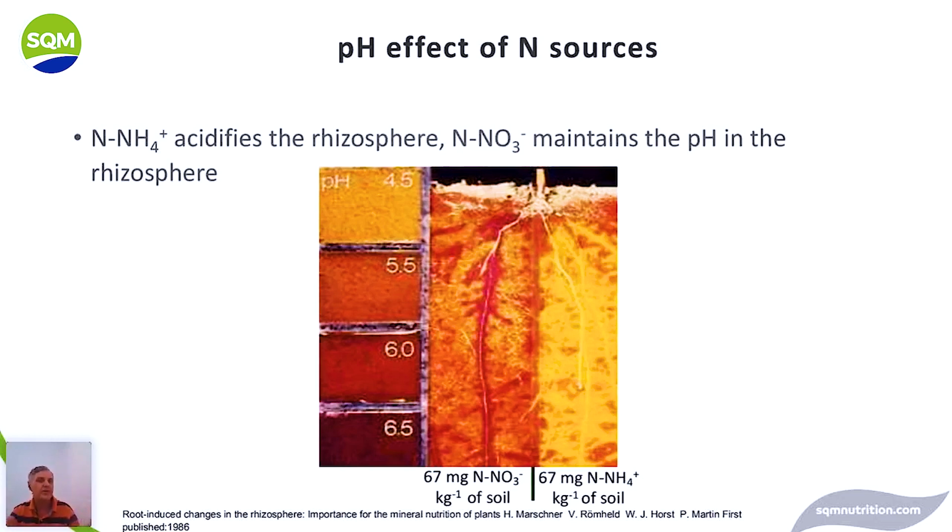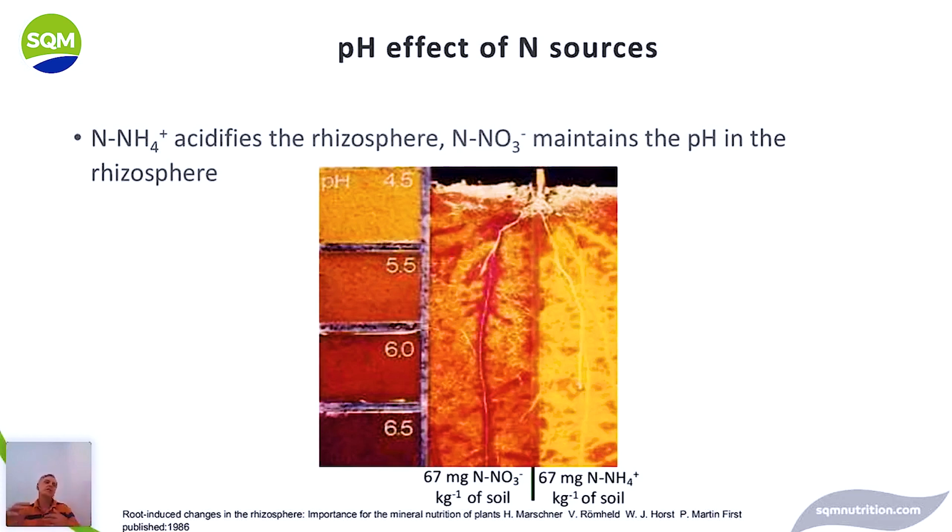Same amount of nitrogen applied on both sides, but one 100% in ammoniacal form, and the other 100% in nitrate form. And we can clearly see in the picture that on the rhizosphere, on the soil that was fed with ammonium, the pH is below 4.5, as you can see here on the scale. And on the rhizosphere in the soil that was fed with nitrate, the pH is around 6. And that is the effect on the pH.